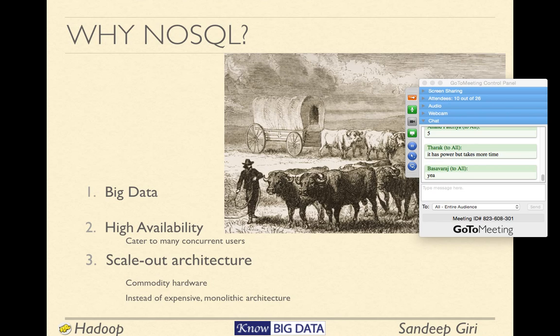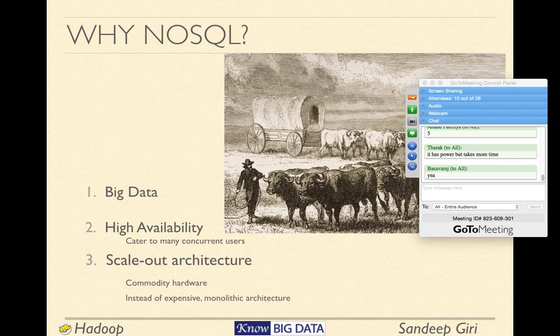Now the question is, why do we need NoSQL? NoSQLs are a new kind of databases, and why do we need NoSQL in the first place? The answer is very simple. It's not about programming model and so on; that is just a stupid argument.